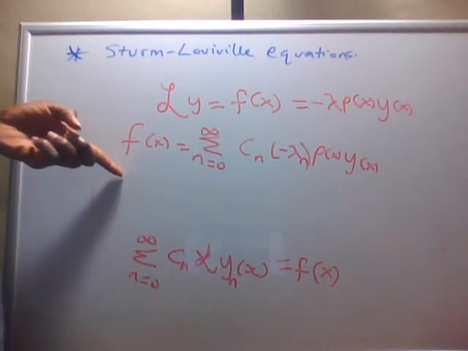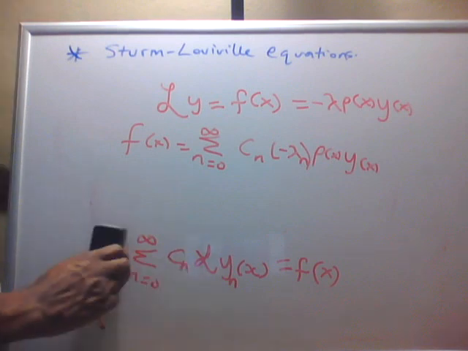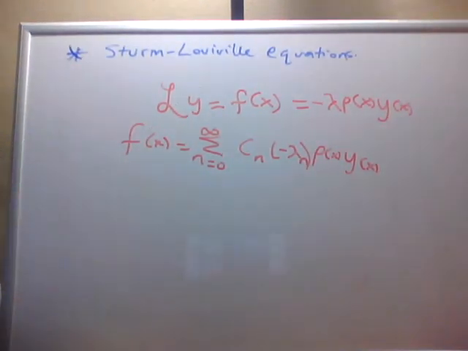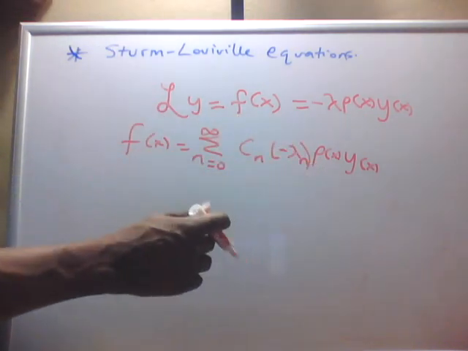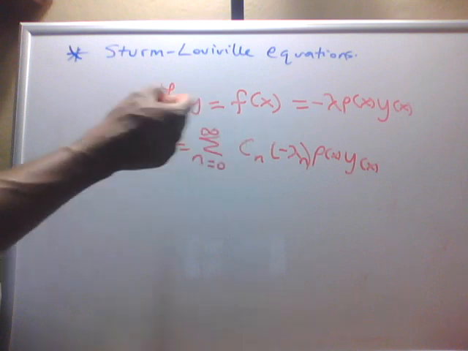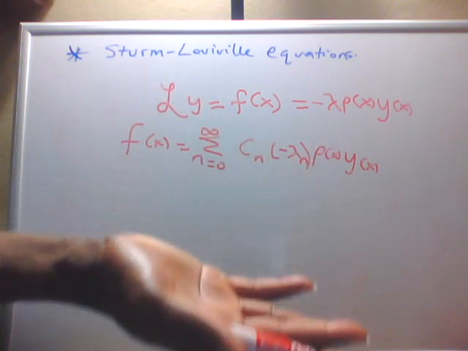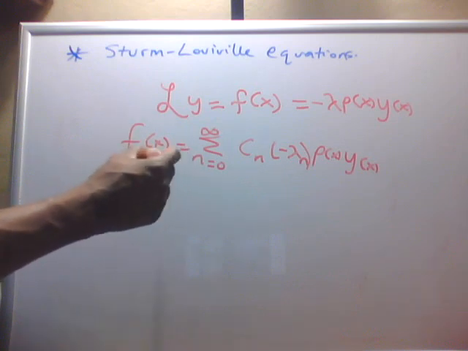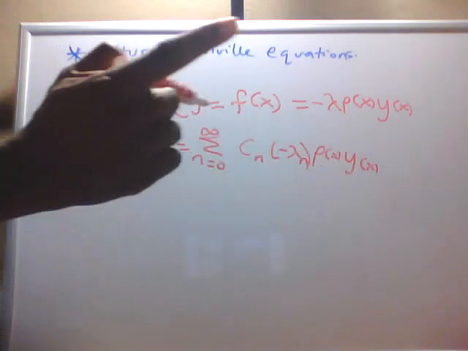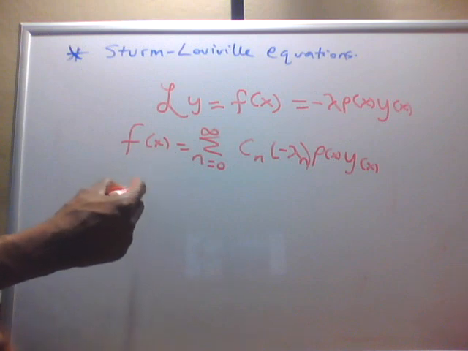Why am I doing this? We know that we originally said we could expand y of x as a similar kind of expansion, but without this. But we're trying to determine the coefficient Cn. We can't determine it from y of x because we don't know what y of x is, but we know what f of x is. So we can apply the orthogonality trick that we've now mastered, I hope.